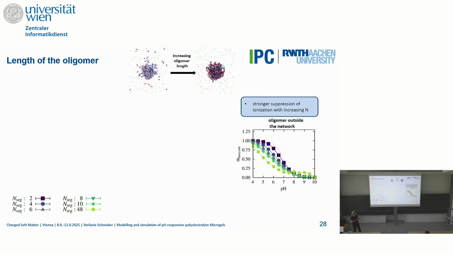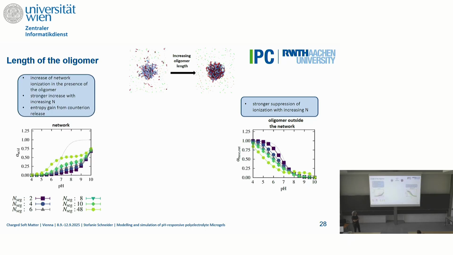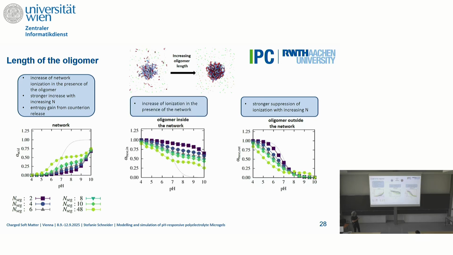And if we look at the chain length, we of course see for the chains outside the network that the more monomers we connect, the stronger the polyelectrolyte effect gets. And for the network and also the oligomers inside the network, we see a higher increase of the network ionization in the presence of the longer chains, because the counterion entropy gain is stronger the longer your chains are, which you replace them with.